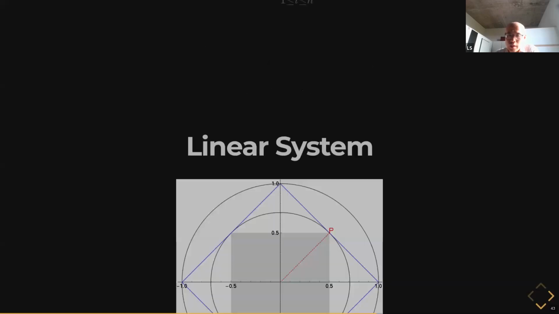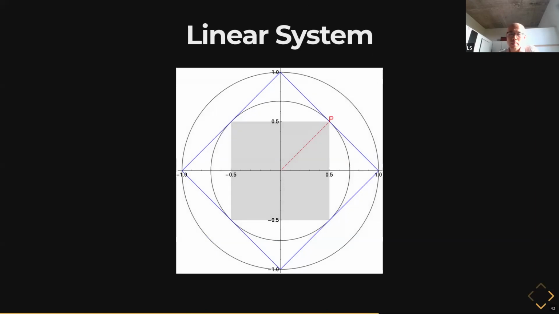So let's work out the example shown here, where I drew some circles and squares, put in their coordinates, and labeled a particular point P. If I represent this point P as a vector, the corresponding vector elements are nothing else but its coordinates on this graph.